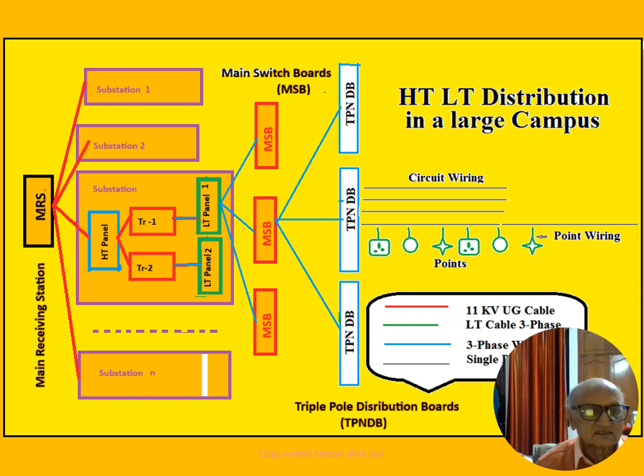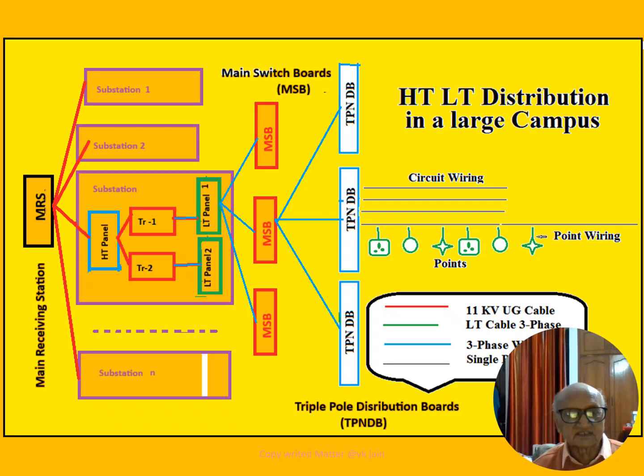Friends, now we are learning how the electricity is utilized right from the main receiving station at 33 kV up to the last point, that may be a fan point, power plug point, or maybe a light point.